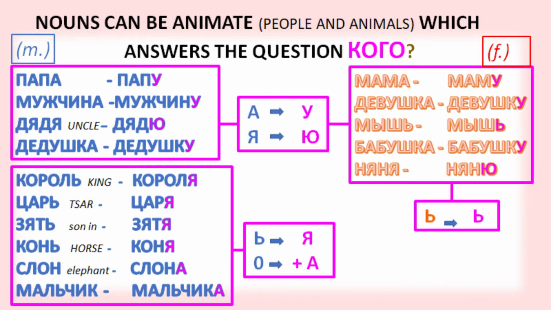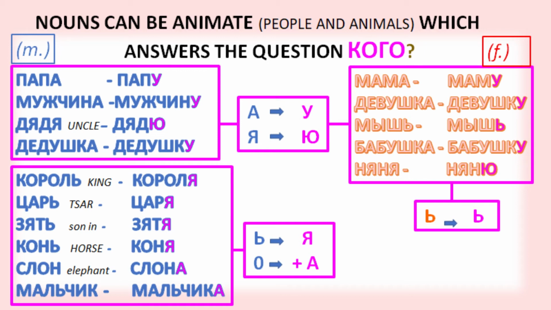Endings in the accusative case depend on gender. Nouns can be animate, people and animals, which answers the question Кого? In the masculine gender, change the soft sign and the short й for я and add а to consonant endings.